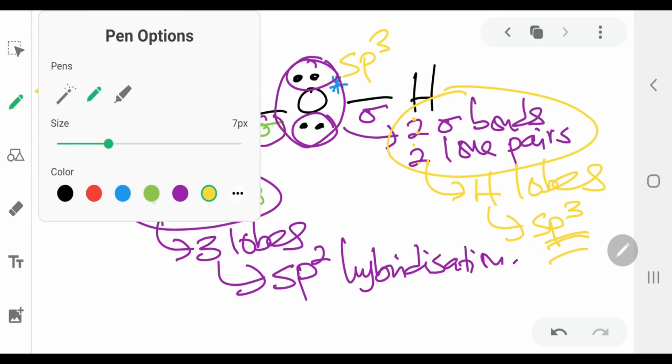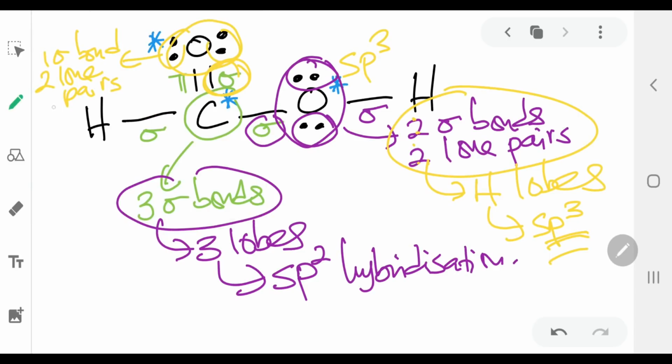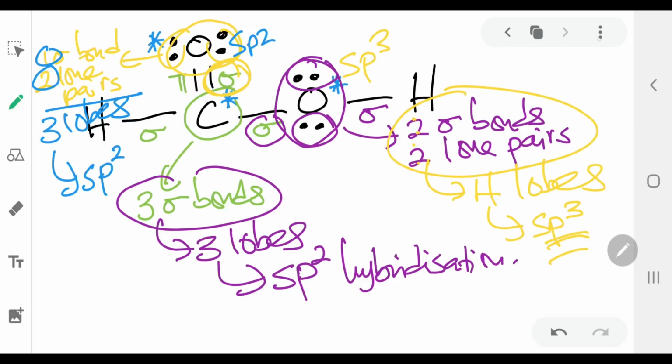So when you have 2 lone pairs, 1, 2, 3, you have 3 lobes. So 3 lobes means SP2. So you have SP2 hybridization for that oxygen. Okay?